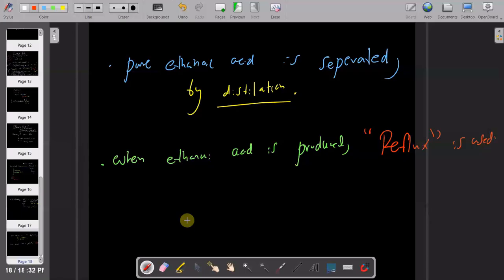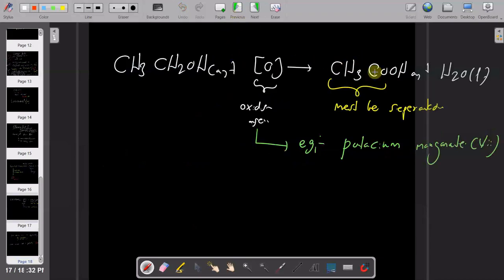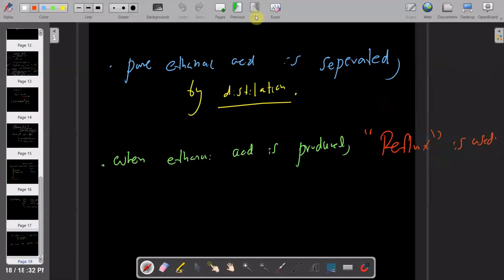But in this case we need to make sure we are getting a better yield. You should make sure the reaction is moving forward. So we should make sure almost all the ethanol is converted to ethanoic acid. Therefore, to make sure it is happening properly, there is a method called reflux.